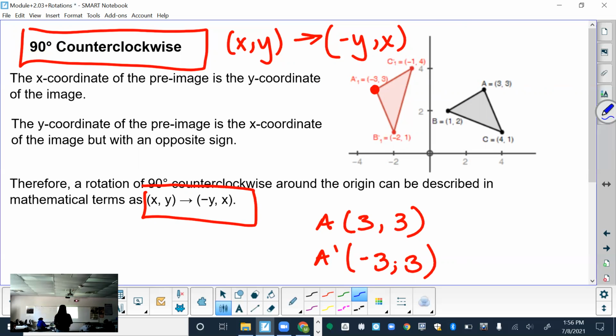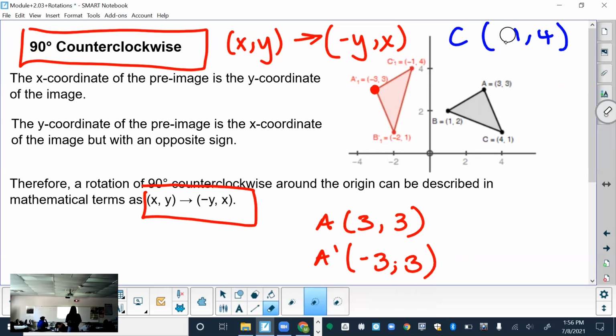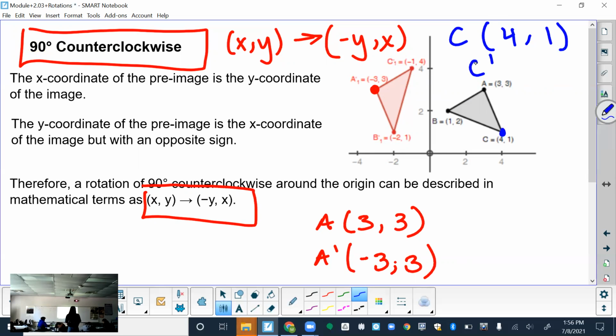All right, let's try it with one where the x and y values are different. Maybe you'll see it better. If my original was 4, 1 over here, and I'm following this rule, what should be the first number in that coordinate? -1, and the second number should be, right?